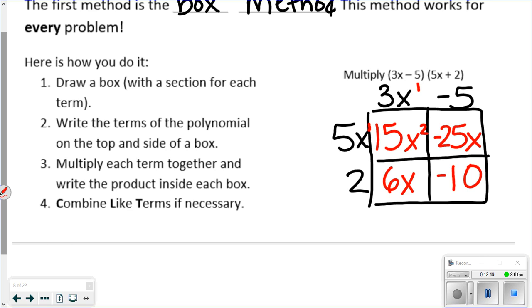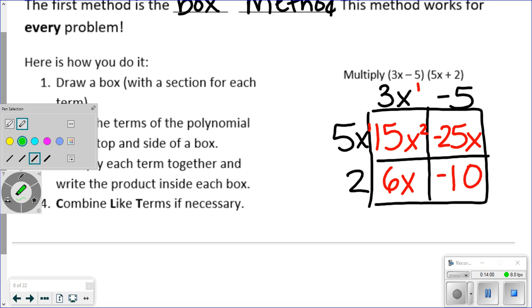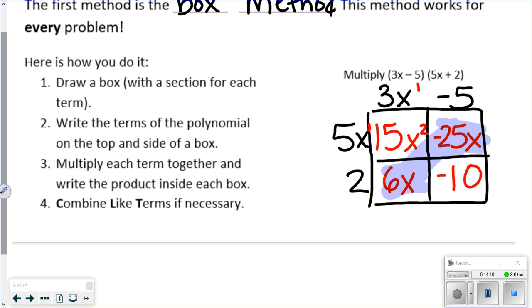All right, now what we're going to do is combine like terms. If I'm looking on my diagonal, I see a -25x and a 6x. These are considered like terms because they both have x's. So we're going to add these up, just like we learned in activity 24.